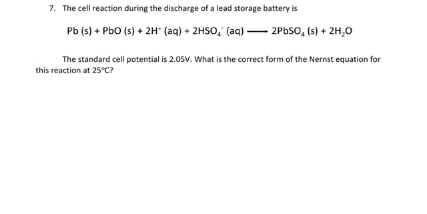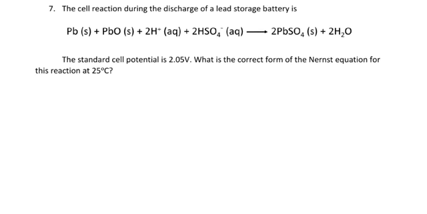Question 7. The cell reaction during the discharge of a lead storage battery is that, the standard cell potential is that. What is the correct form of the Nernst equation for the reaction at 25 degrees Celsius?